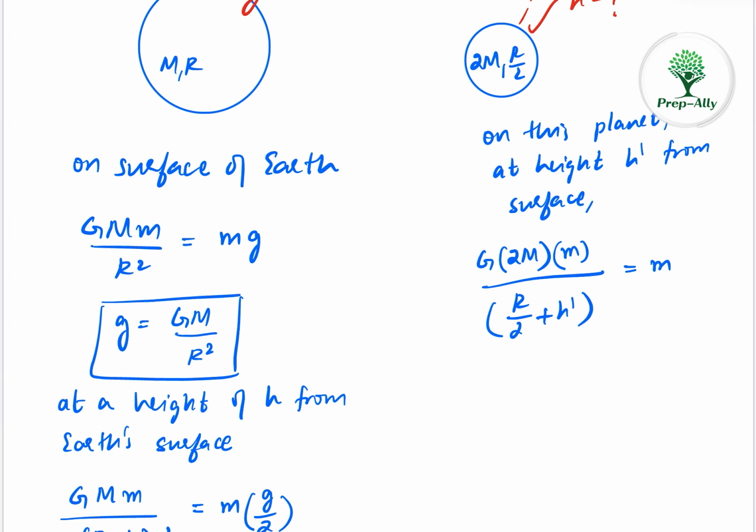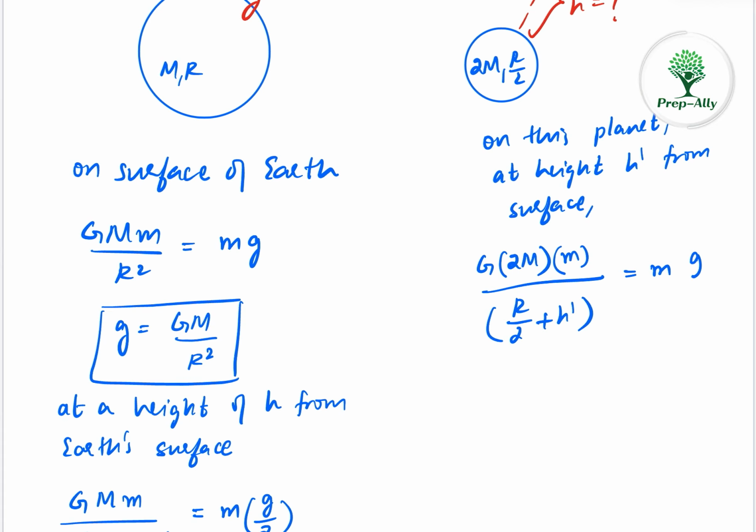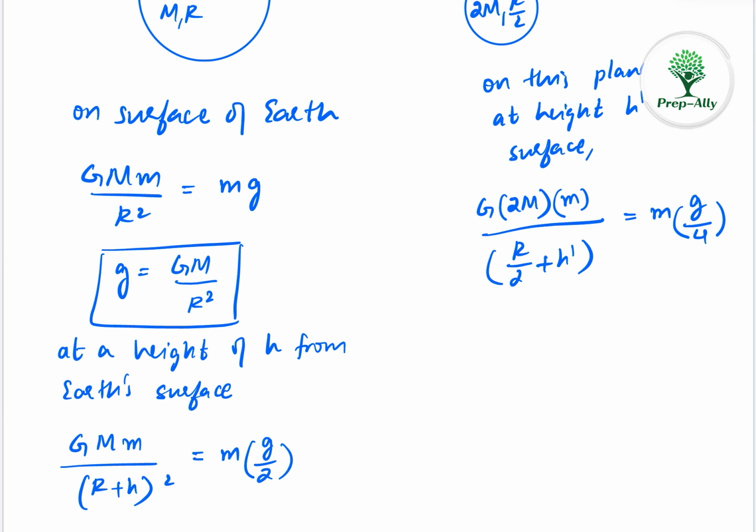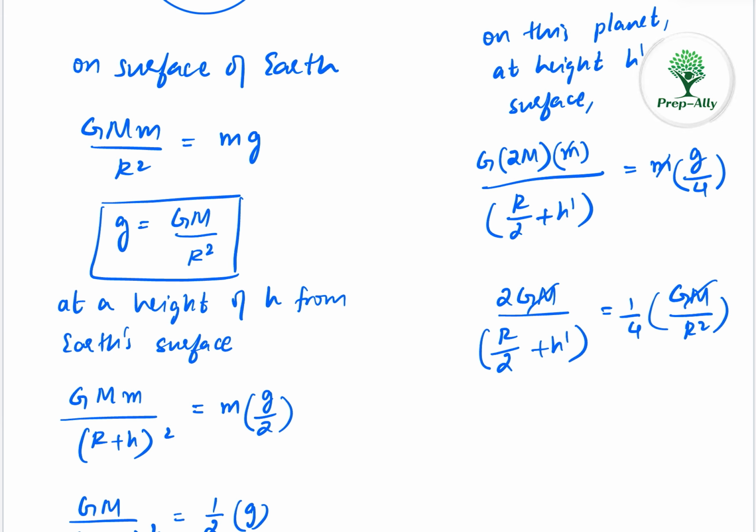Now the question also states that at this point the value of acceleration due to gravity is 1/4 original value. So we will substitute that new value here. M anyway gets cancelled. We are left with 2GM by r by 2 plus h dash equal to 1/4. Let's substitute for g here. We get GM by r square. The GM can get cancelled.